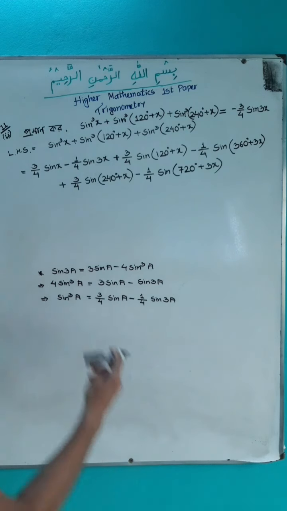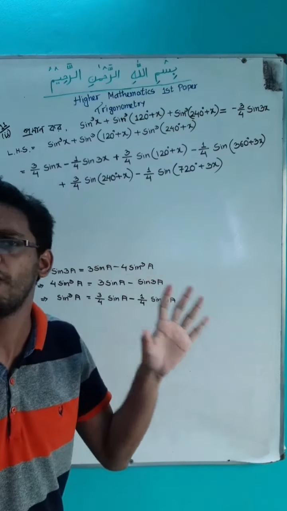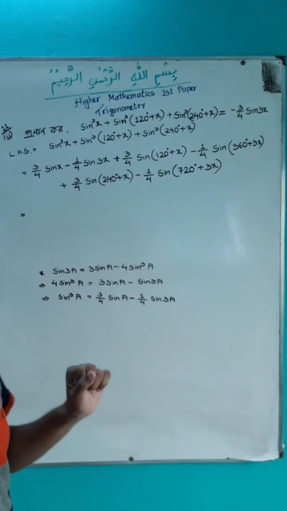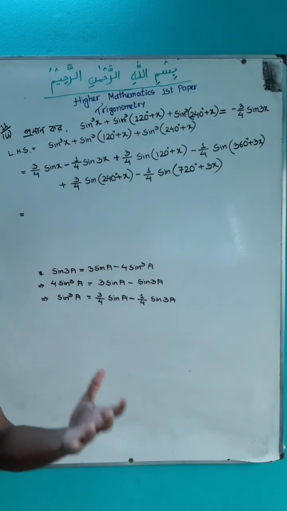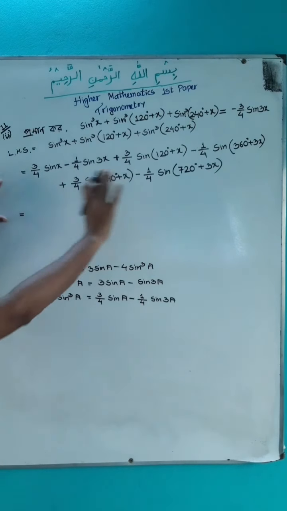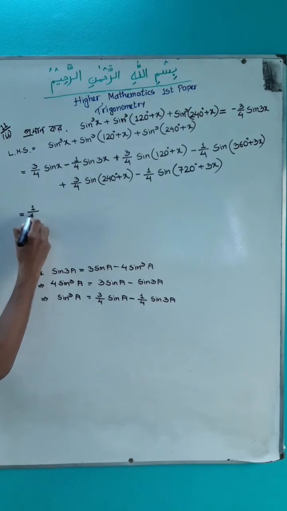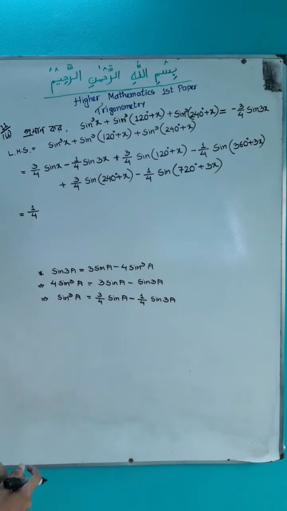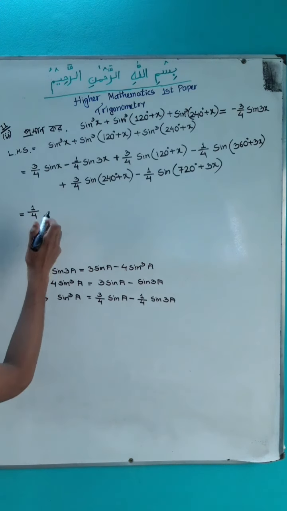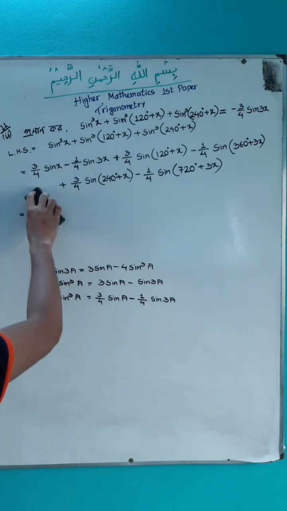Now from this line, we can take 1 by 4 as common from the whole term. No, we will not take 1 by 4 common right now.